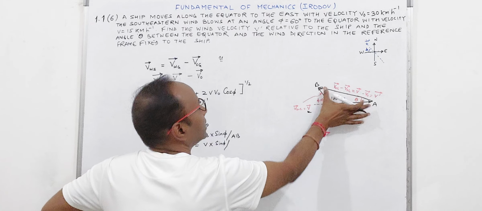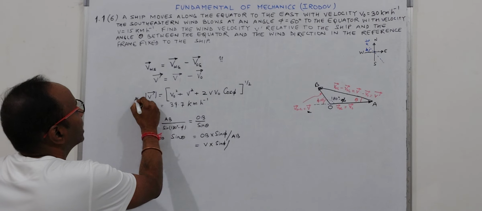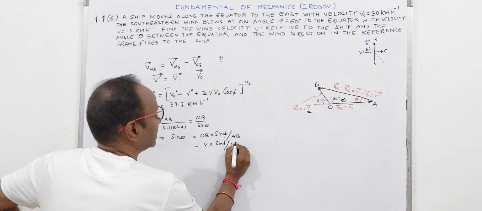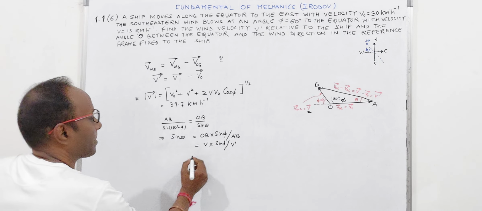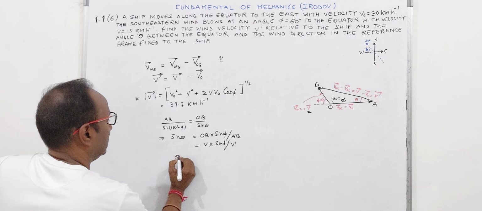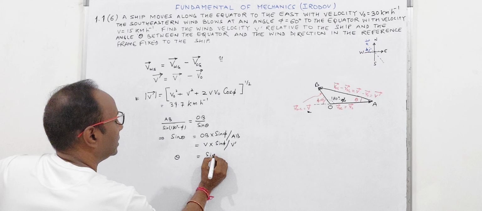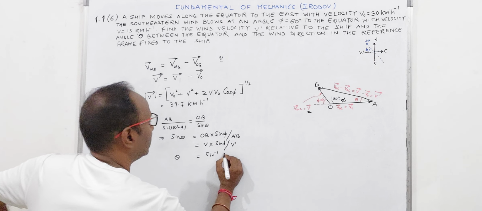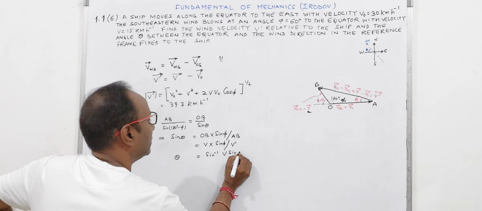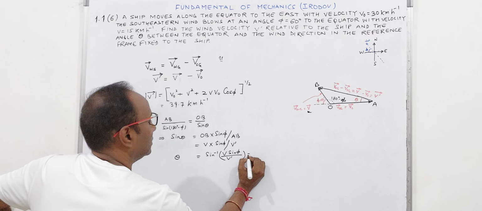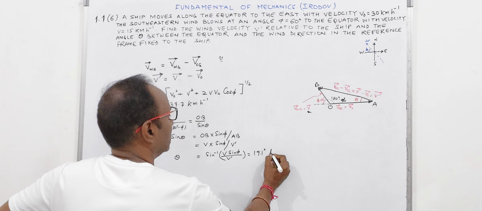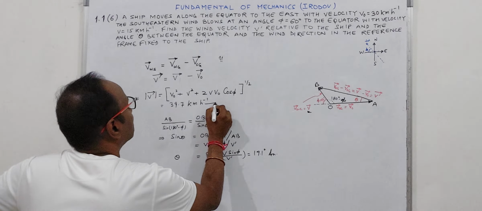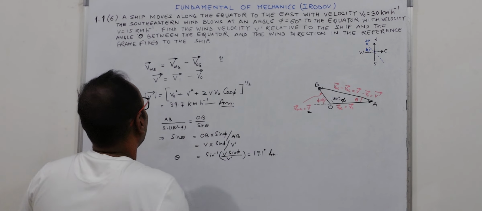AB is the v dash that you have calculated here. Now if you calculate, theta is sine inverse of v sin phi divided by v dash, which comes approximately 19.1 degree. So these two are the answer.